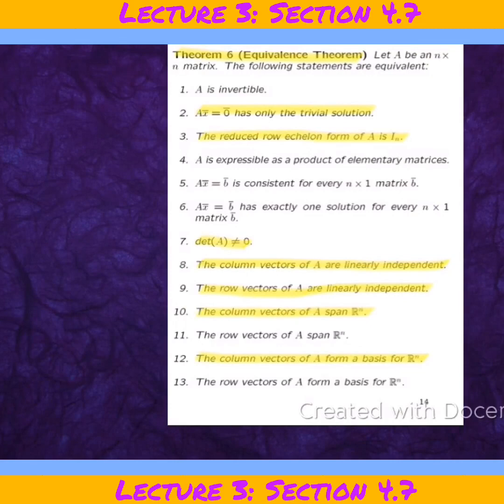In other words, all the rows of A are going to be linearly independent. And therefore the row vectors will also span Rn, and the row vectors of A will form a basis for Rn. And those are the extensions to the equivalence theorem.